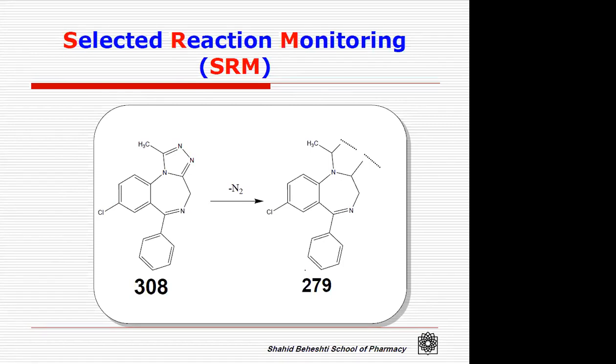This process, transformation of the mother molecule to a daughter molecule, is monitored in the mass spectrometer, and the process is called selected reaction monitoring.